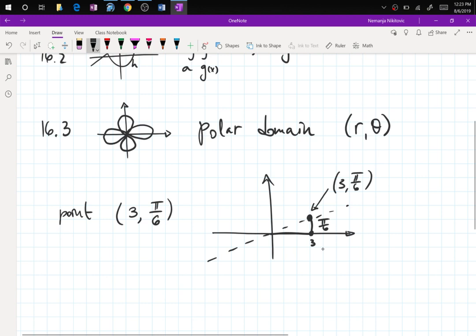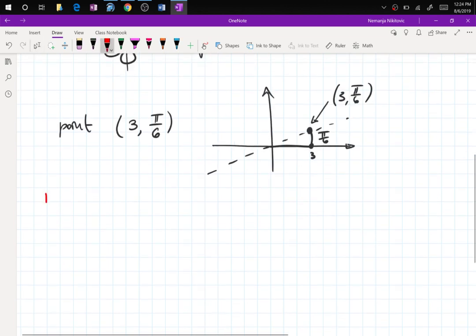So now our domain can be given in polar coordinates, and we are going to have an integral to calculate the volume. So now the volume integral here is the integral on the region R of f of x, y, dA, right?